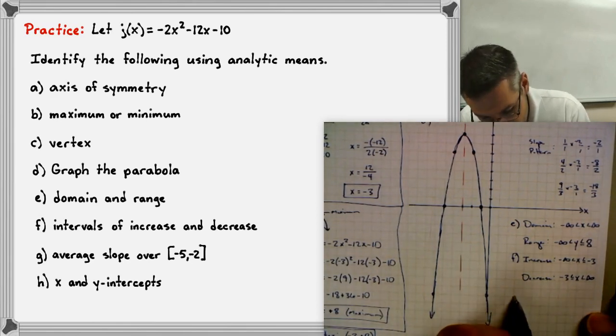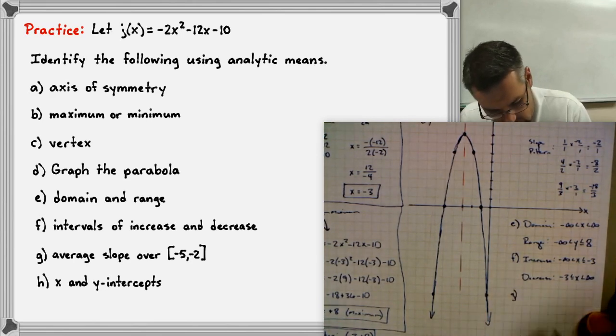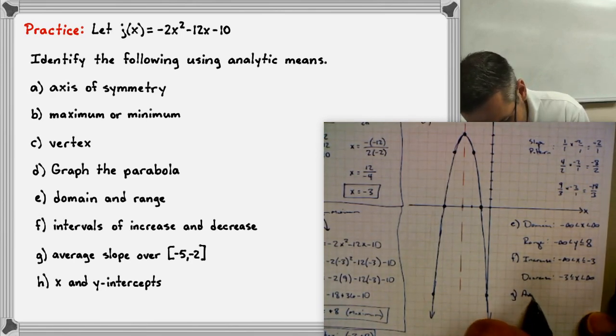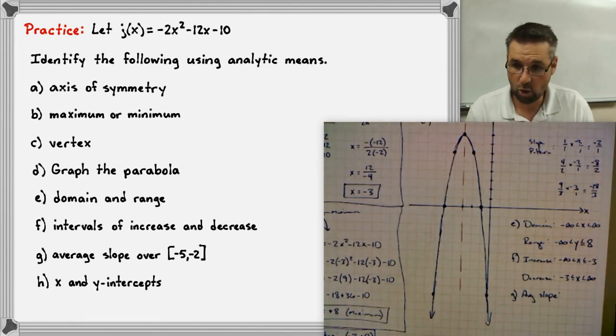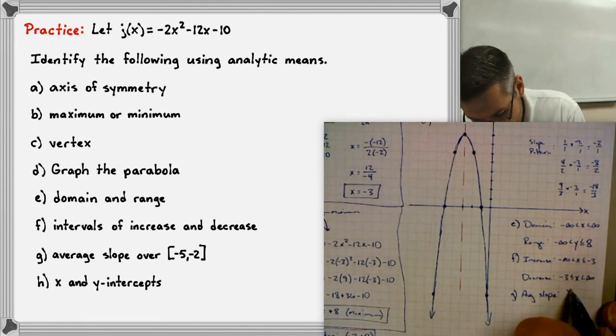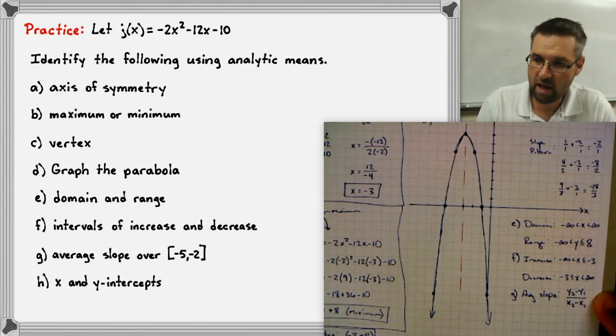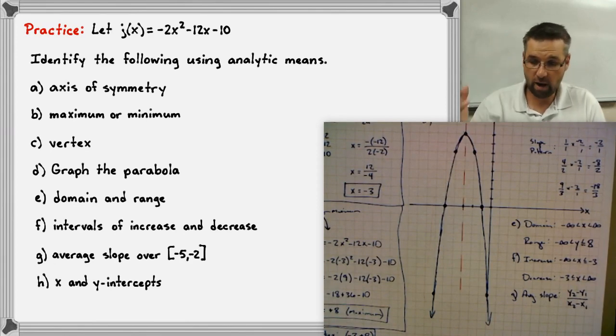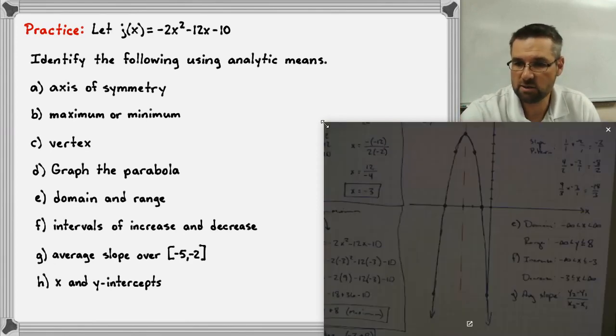All right, G is going back to a concept that a lot of us struggle on, average slope. Remember, the way to find slope is y2 minus y1 over x2 minus x1. So if I can find those coordinates, then I can identify the slope.